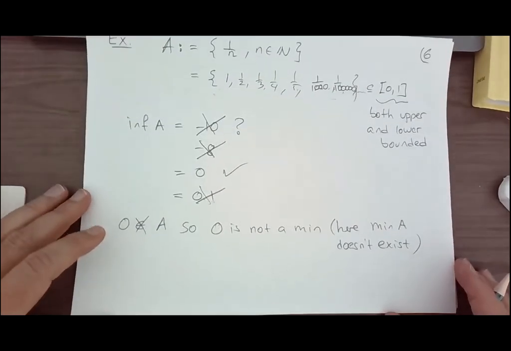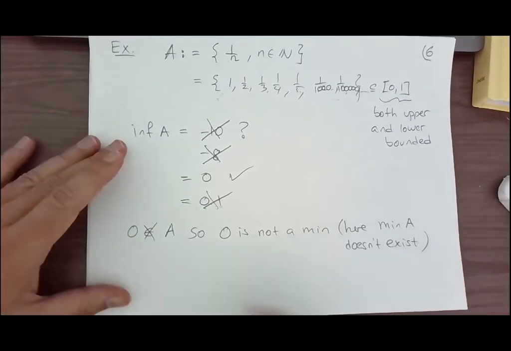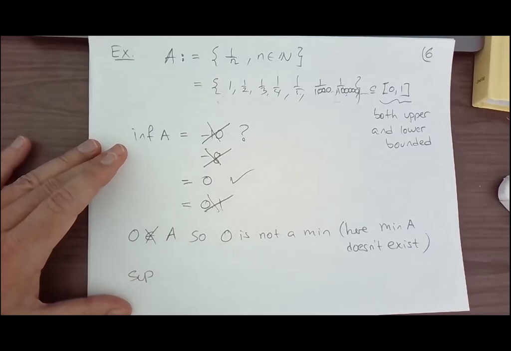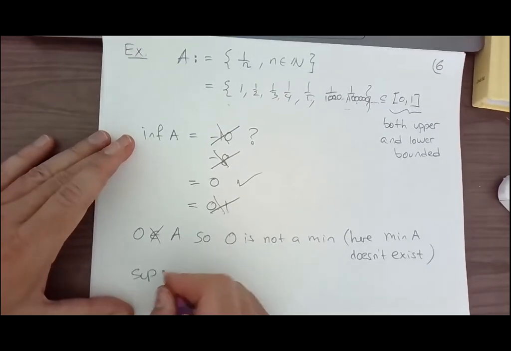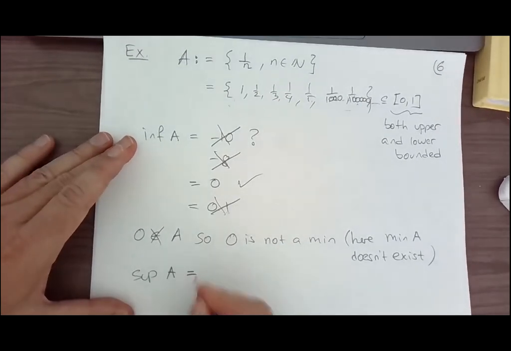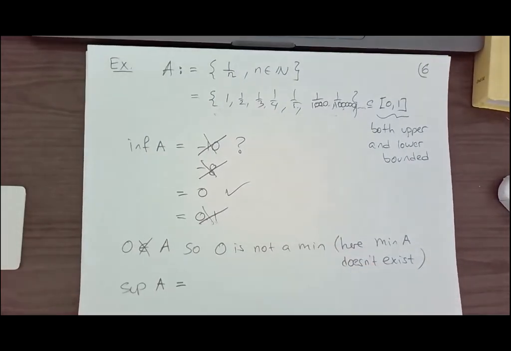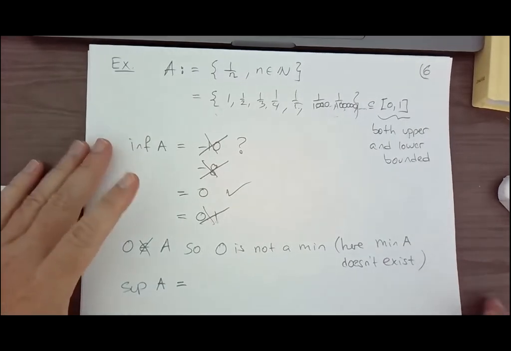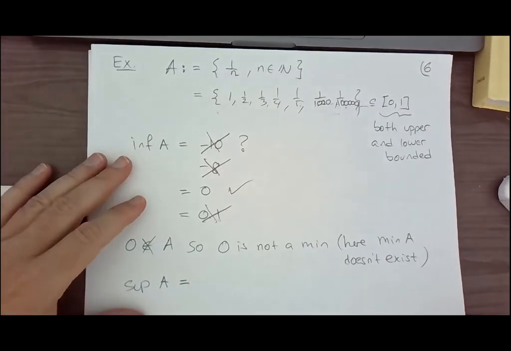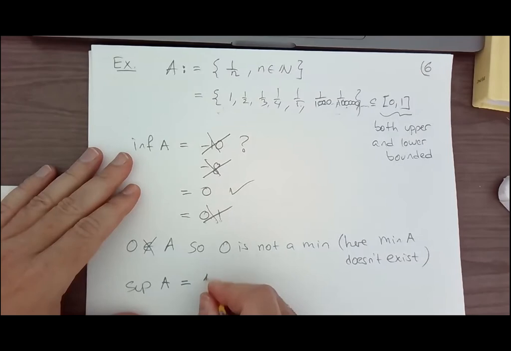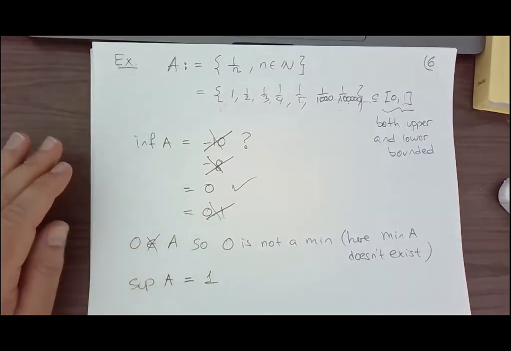And so that's good. What about the supremum? If I take sup of A, so now I'm looking for a big number, and I'm looking for the smallest, biggest number. Shin is saying 1. I like it. That is good.